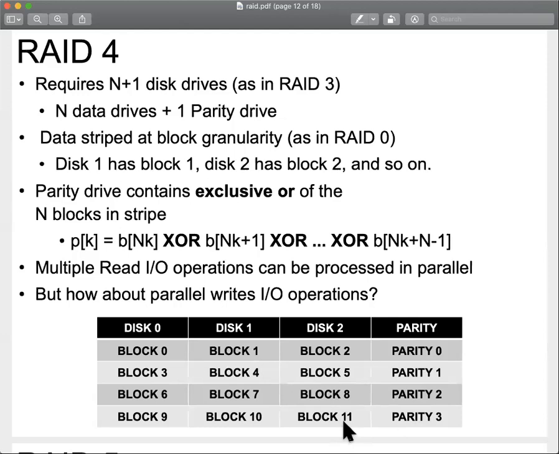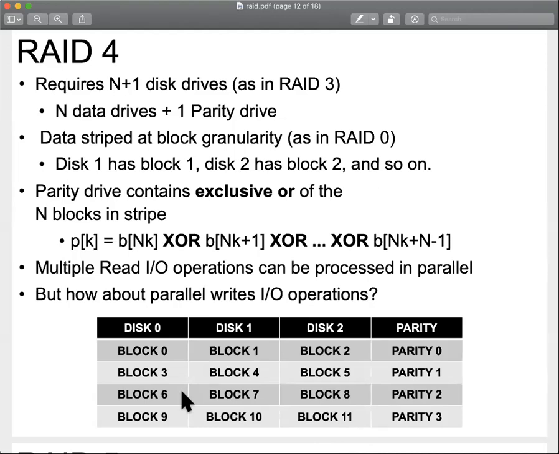All right, so by doing this, now we can do read and write operations to different disks independent of each other, and we can increase the effective parallelism. For example, I could be reading block 3 and block 7 and block 5 simultaneously, and that way I can get n times more parallelism than in the previous case, in RAID 3.